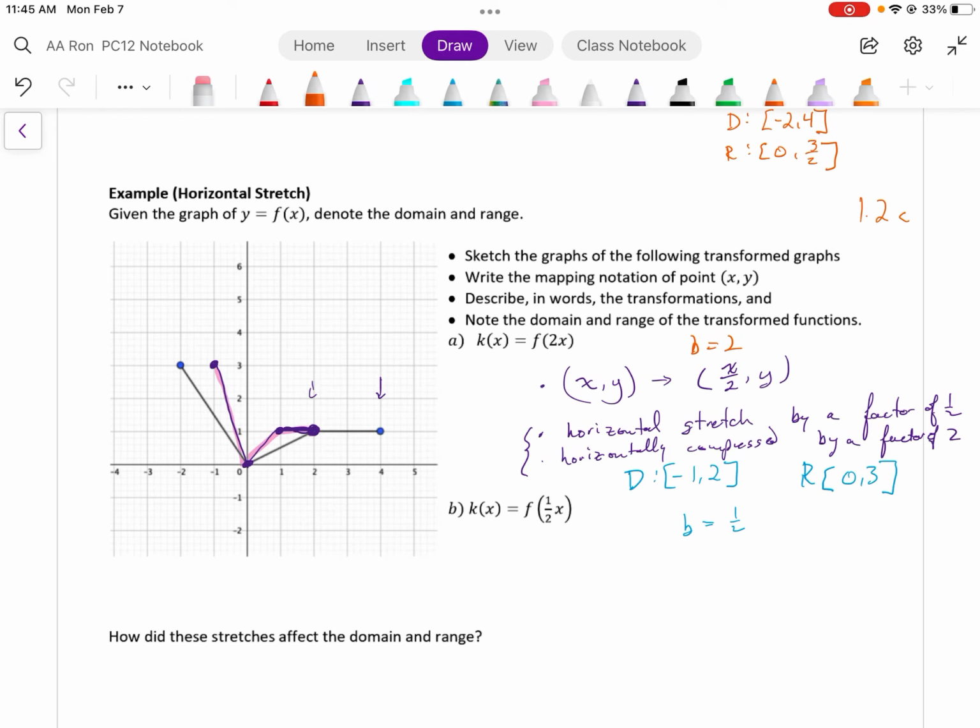Last but not least, and hopefully I'm not taking up too much of your time, k(x) is equal to f(1/2 x). So this, I think, is going to be better to write out in words first.